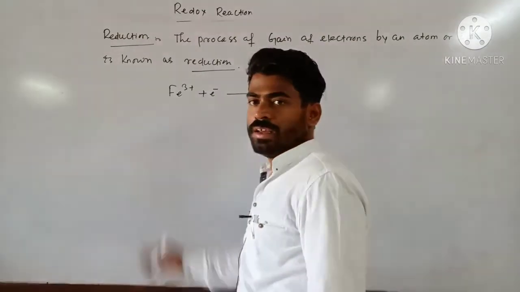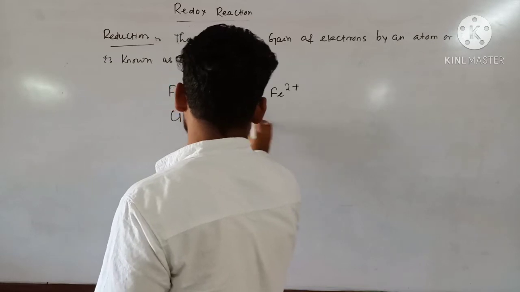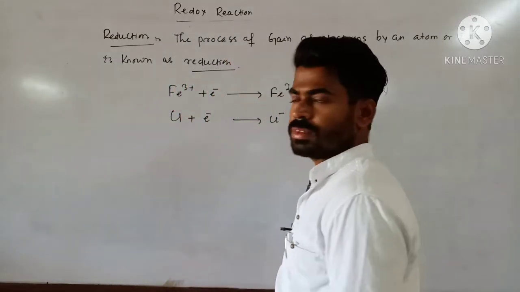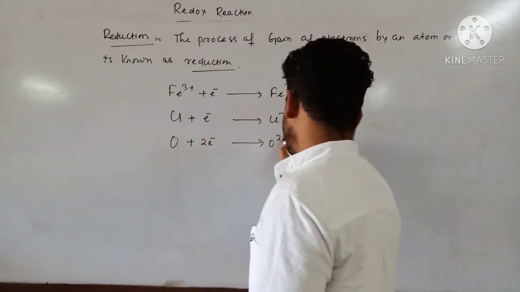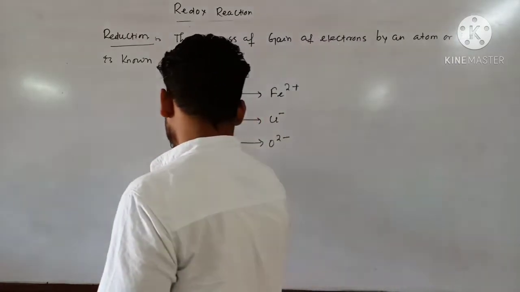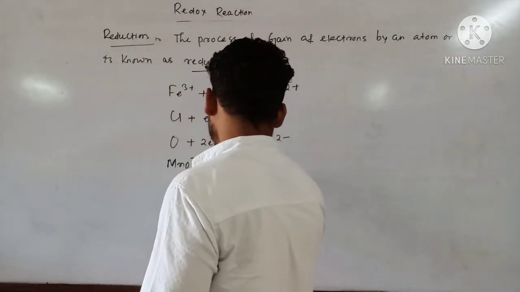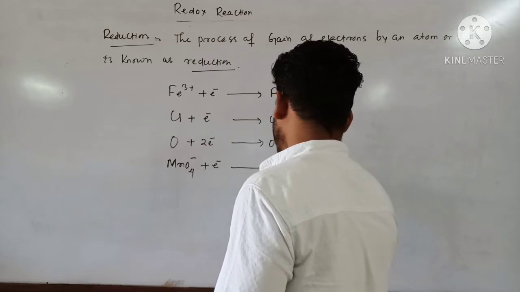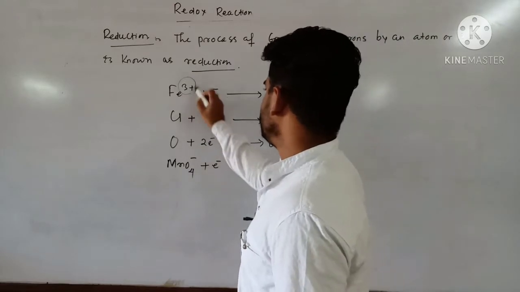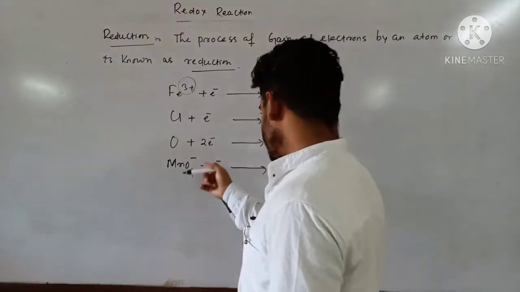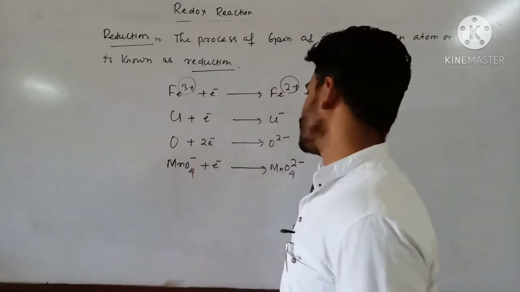Gain of electron on this side. Next I can write Cl gains 1 electron and gets converted into Cl-. Clear? Oxygen gains 2 electrons and gets converted into O2-. Similarly, MnO4- gains 1 electron and gets converted into MnO4 2-. So here you see there is a decrease in positive charge by gaining electrons, and look at these last two steps, there is an increase in negative charge by gaining electrons.